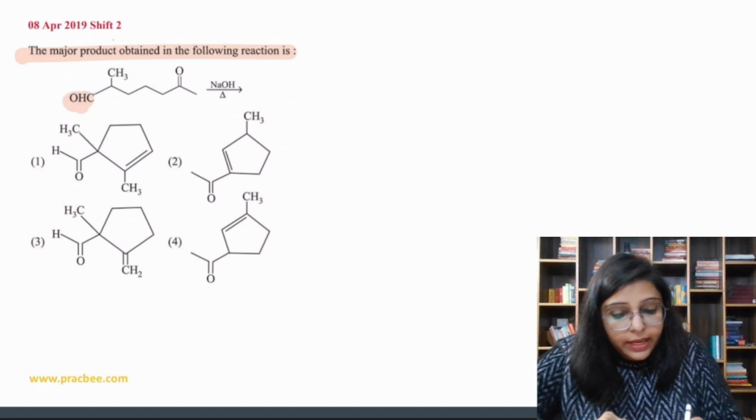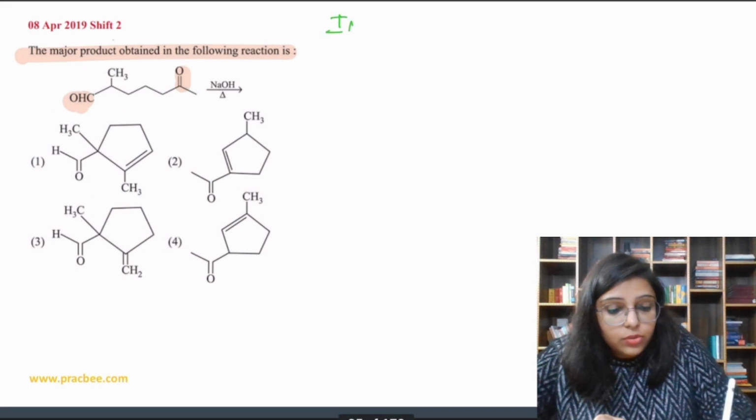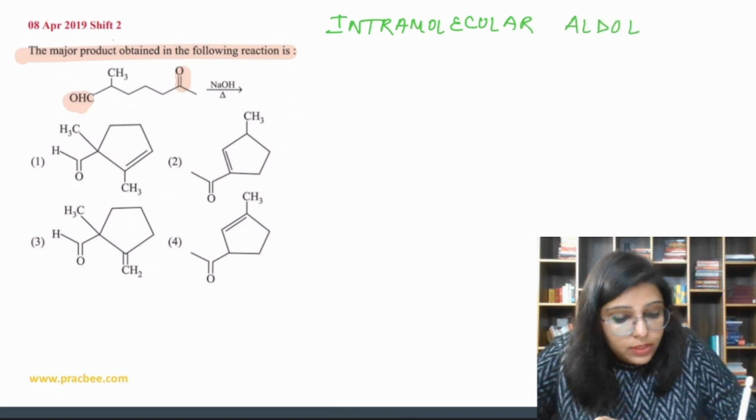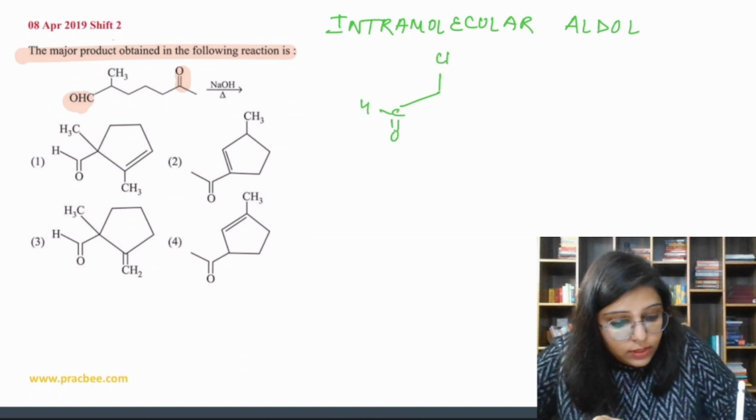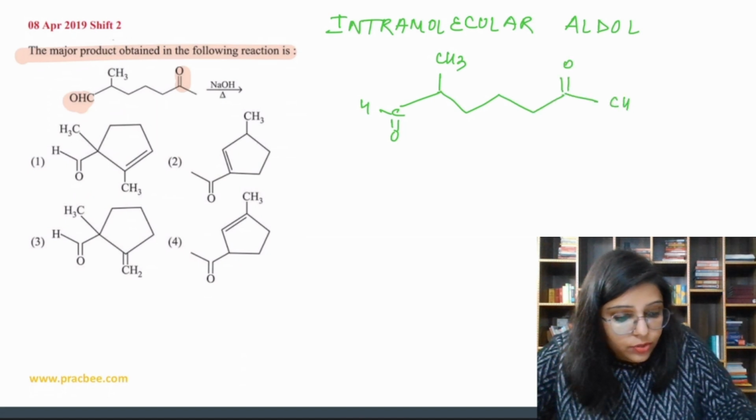Now next, the major product obtained in the following reaction. So here we have aldehyde, here we have ketone. Again we have to do aldol, but that is going to be intramolecular aldol. So see what happens. Here we have C double bond H, this is CH3, double bond O and here CH3.